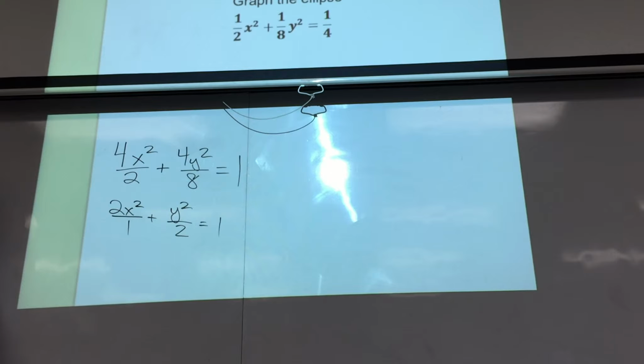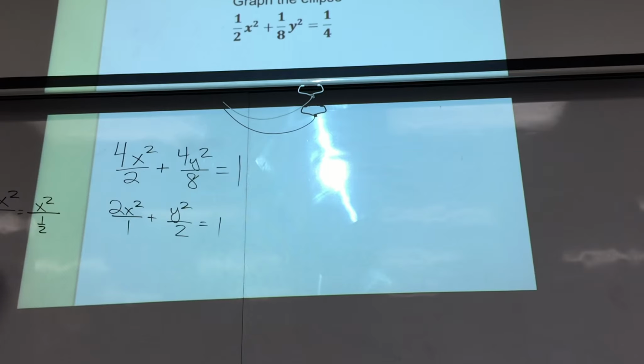There's one other thing I have to do before I can start pulling out values. You have to get rid of this 2. I have to move the 2. If you run into this kind of issue where you've got something x squared over 1, this is equivalent to x squared divided by 1/2.